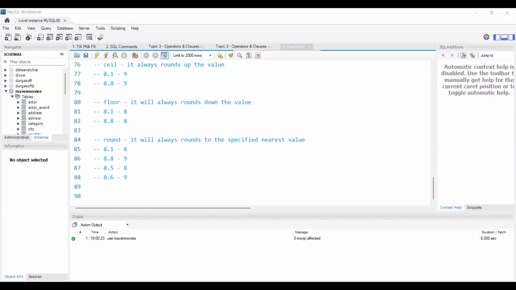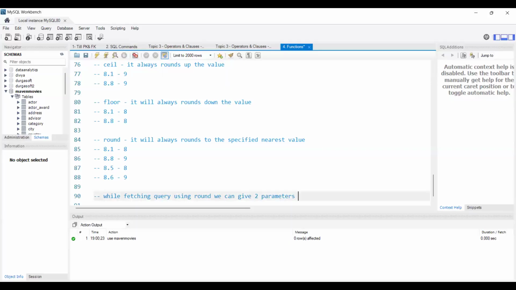And one more thing. Whenever we are using round, we can give two parameters also. Let me write it. While fetching a query using the round function, we can give two parameters, or I can say two inputs.